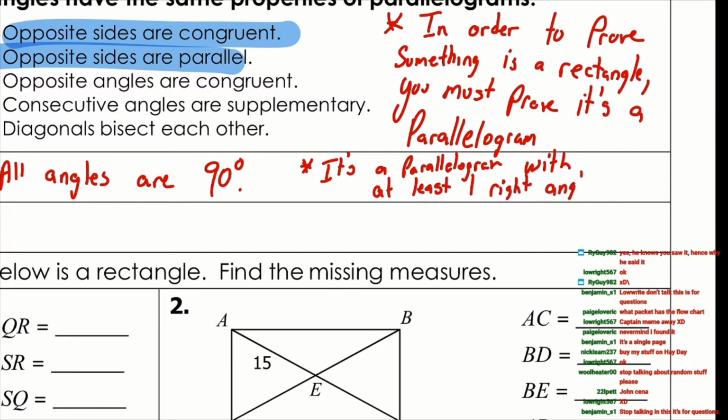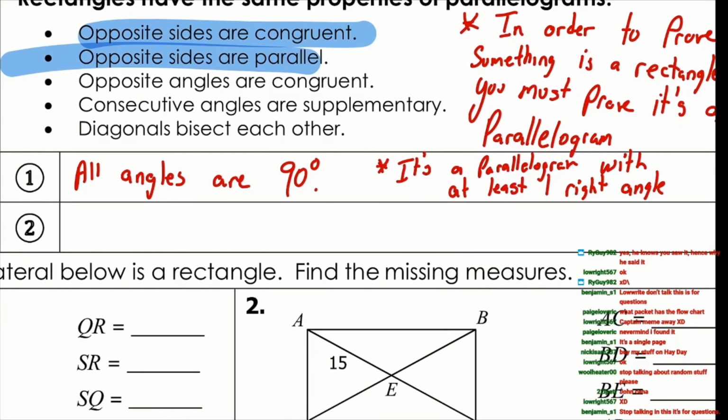Now, this definition might seem a little bit strange at first, because why does it say only one right angle rather than all four? If you look at the properties of the parallelogram, if one of the angles happens to be a right angle, well, that means the opposite angle is a 90-degree angle. And because the consecutive angles are also supplementary, the consequence is that all four are going to be. And that's why it uses at least one right angle.